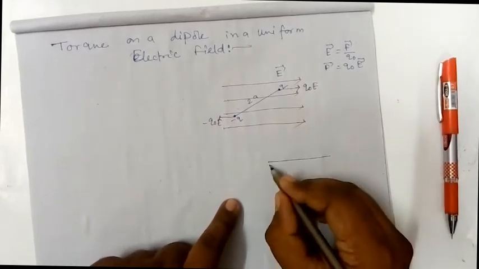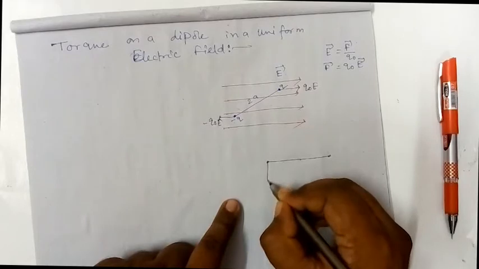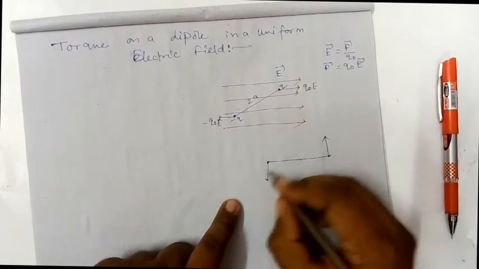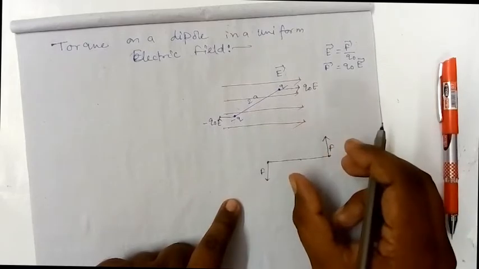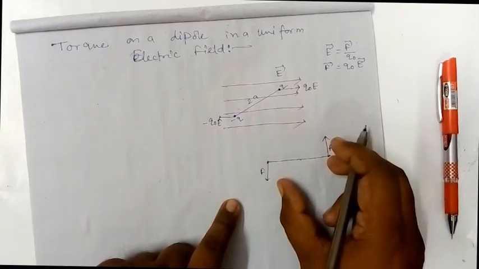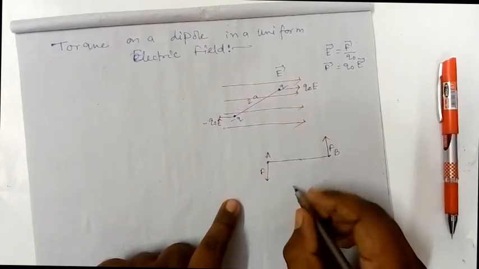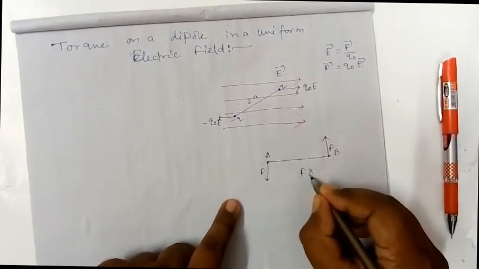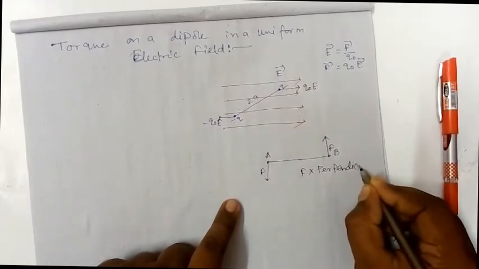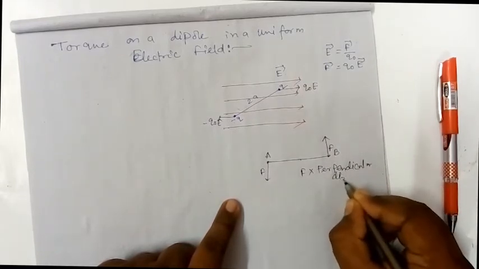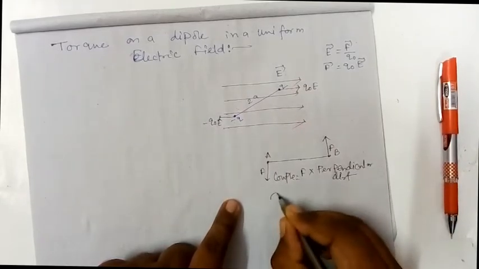Remember one part we have learned in class 11. If forces exactly the same and opposite are acting on a body, then a couple is acting on it. If this point is A and this point is B, then the force into the perpendicular distance will give us the couple or tau.